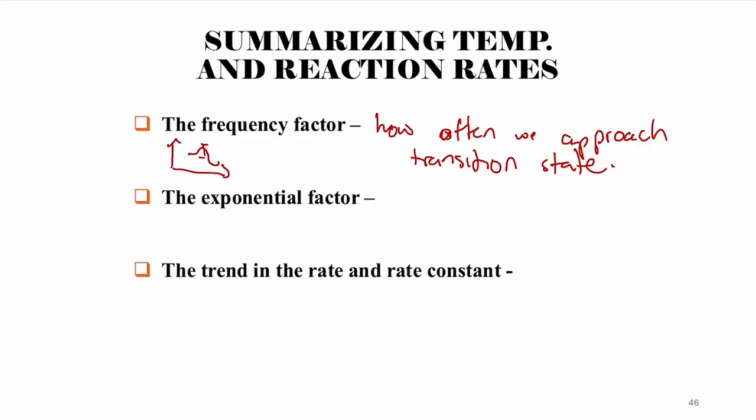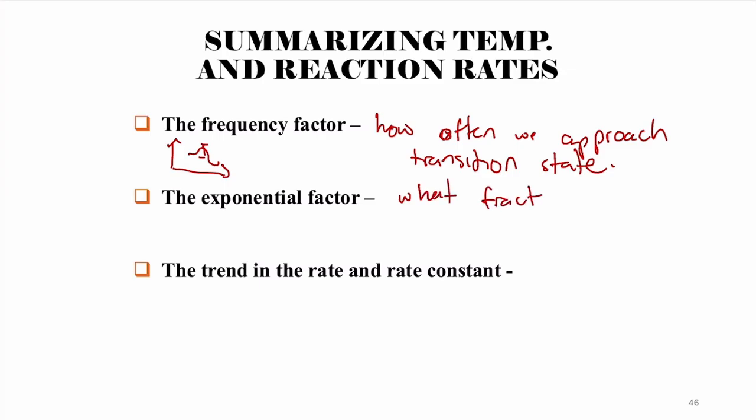Then the exponential factor, this tells us, how do the temperature and activation energy compare to each other? This tells us the fraction of molecules that have enough thermal energy to overcome the activation energy.